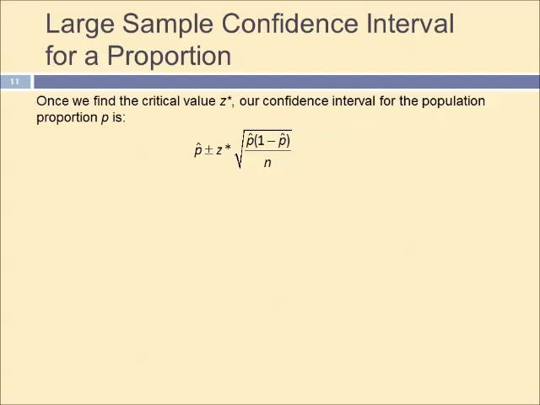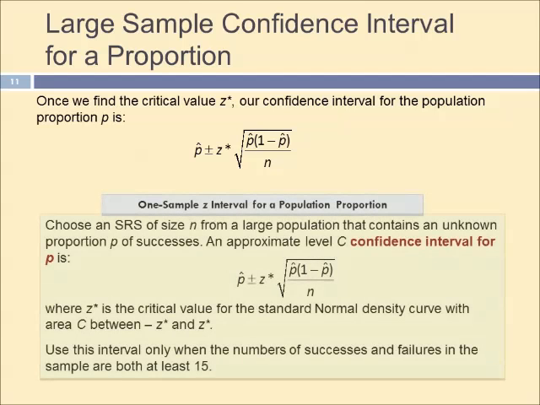Once we find the critical value, the confidence interval for the population proportion is given by this formula. p hat plus or minus some margin of error. In this case, that's the critical z value times the square root of p hat times 1 minus p hat, divided by the sample size.